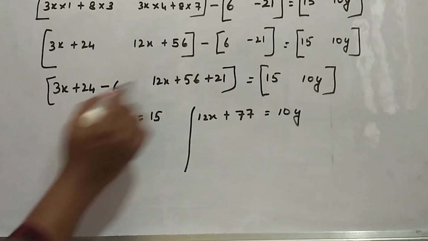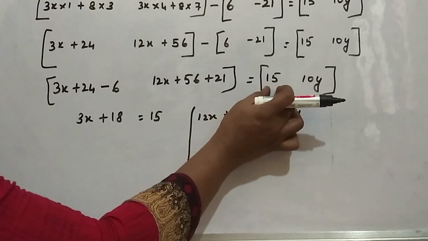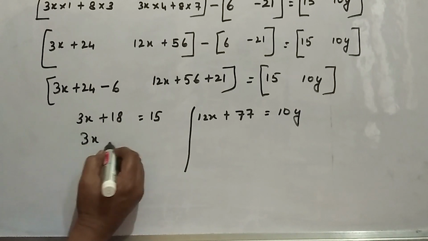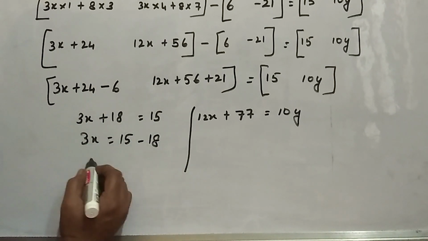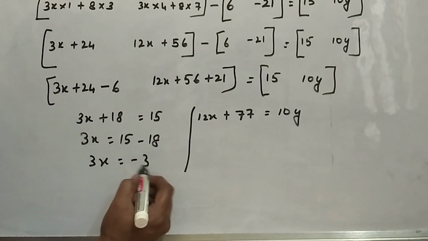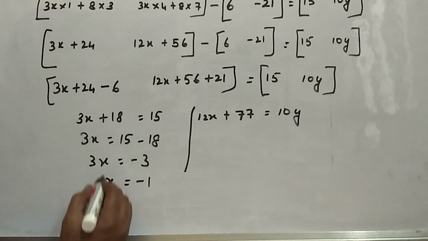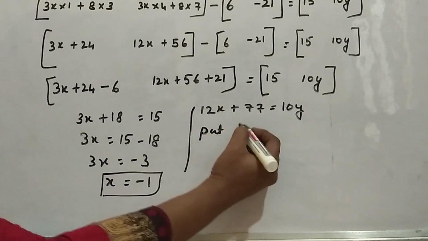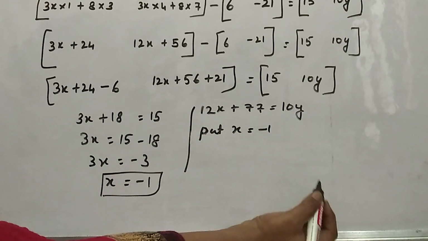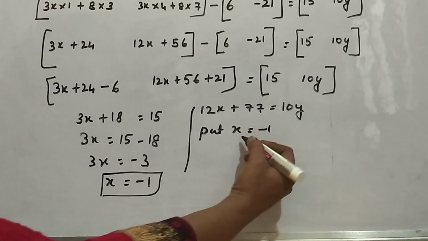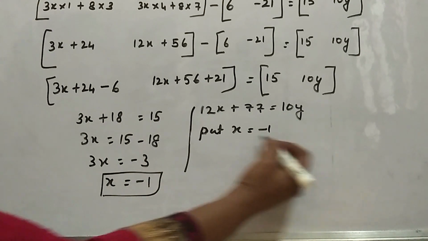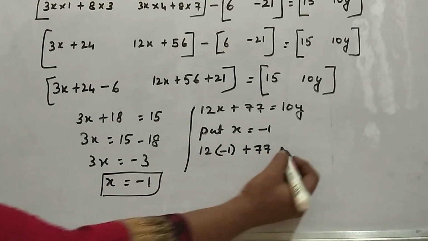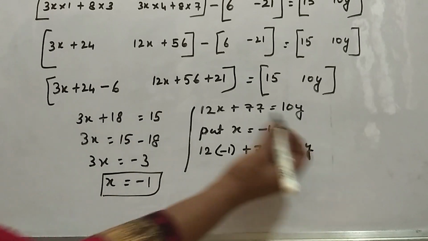Okay, compare the first one with the first one, the second one with the second one. Now write 3x is equal to 15 minus 18, 3x is equal to minus 3, x is equal to minus 1. Now put x is equal to minus 1 and write 12 into minus 1 plus 77 is equal to 10y.